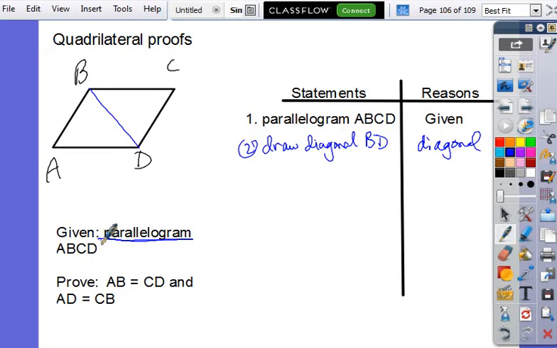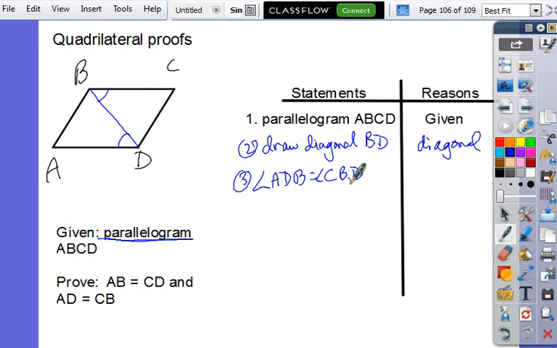I need some angles, and angles have 3 letters. ADB, and CDB and CBD, those would be equal. So ADB would equal CBD.